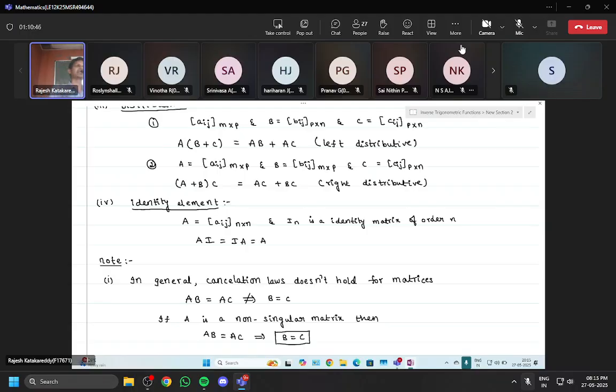This is the left-hand cancellation law. The right-hand cancellation law will also hold only if the common matrix is a non-singular matrix. Am I clear? This is the first thing.